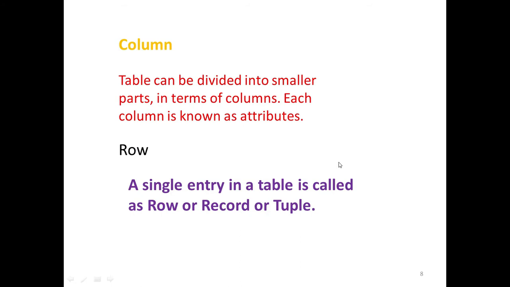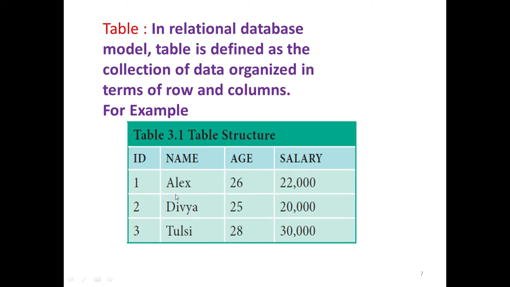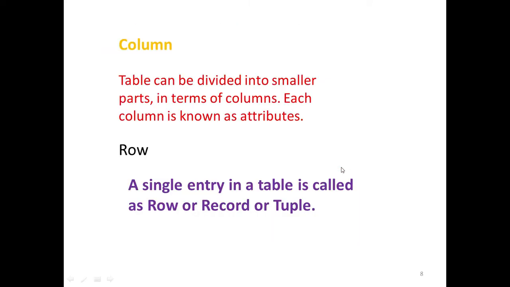The table can be divided into smaller parts in terms of column. Another name for the column is attribute. And then row. In the previous example, row 1, Alex, 26, 22,000, is a row. A single entry in a table is called a row or record or tuple. 3 names can be given. Very simple one. A single entry we say as row or record or tuple.